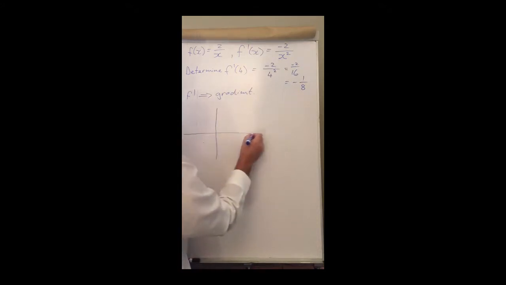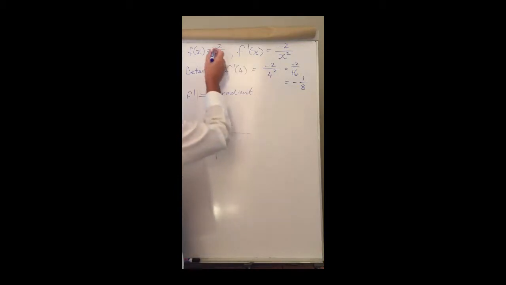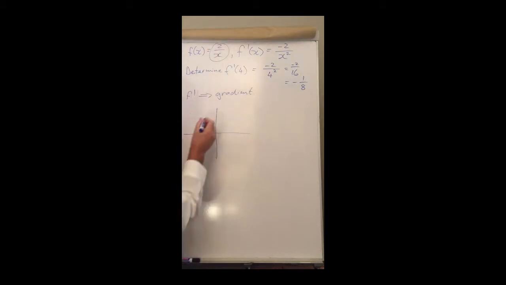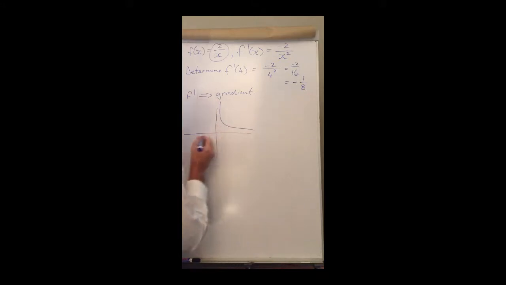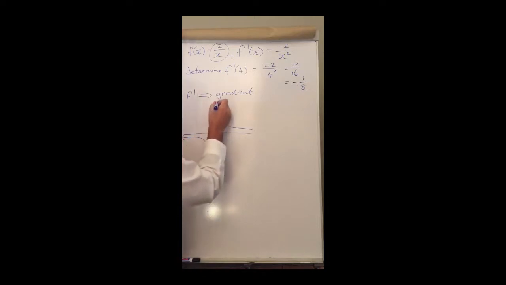The hyperbola is 2 over x, so it will look something like this. Sorry, it's positive. There we go. So this is more or less how this hyperbola might look.